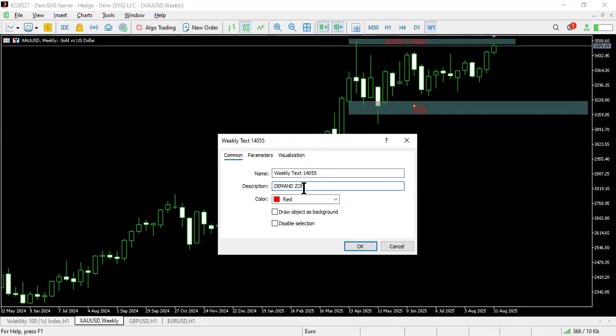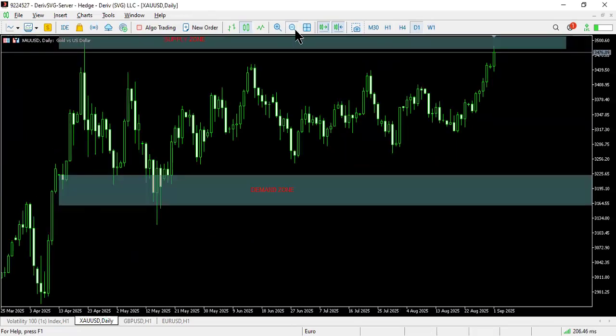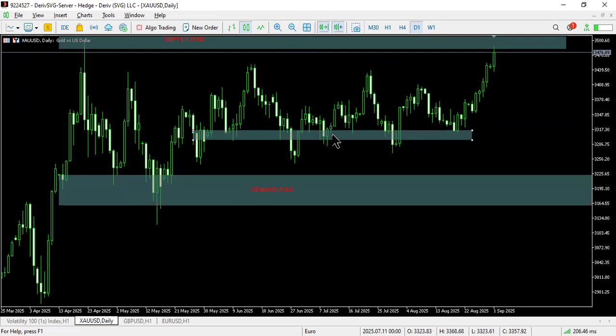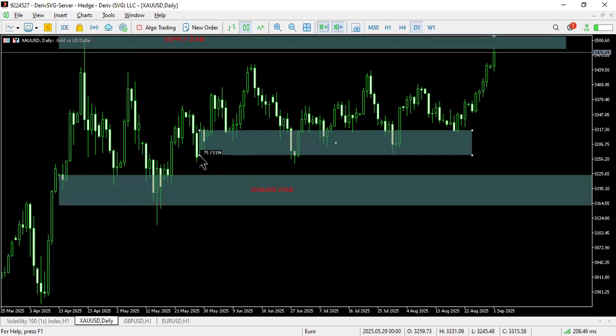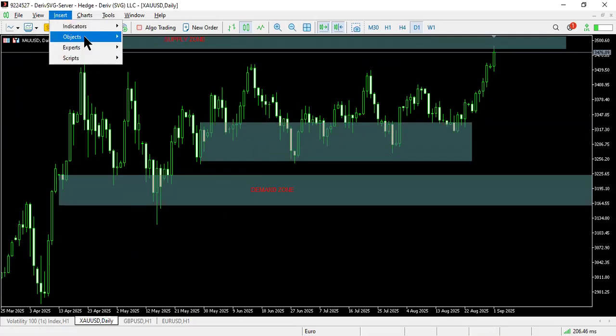And then our demand zone. So that is all from the weekly. If we go to the daily, price has been finding support at this level.